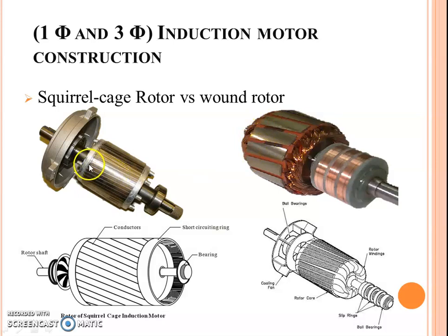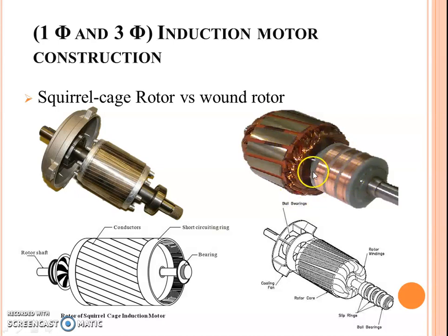Here we usually have an aluminum bar, and here we have an iron bar, and a laminated iron core with wires, connected to the ring.